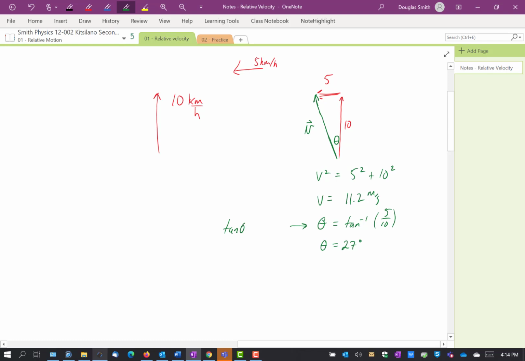Tan theta is opposite over adjacent. So there's our theta, this is the opposite, this is the adjacent. That's where that comes from. And then when we want to solve for theta, we take the inverse of it. So this is an example of how you could add up relative velocities using trigonometry.